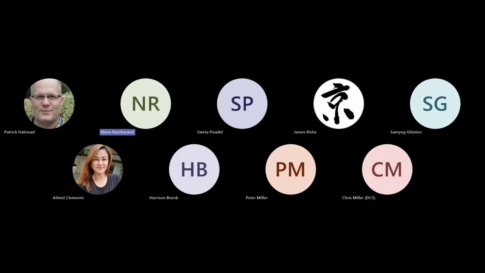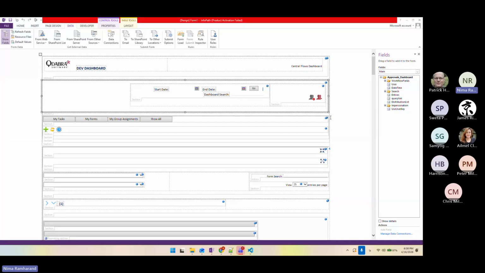Yes, thank you. First of all, I want to ask, have you ever had any challenges with InfoPath Rule Inspector? If you have, I'm going to show. I've opened the same form both in InfoPath and the FormsDesigner.